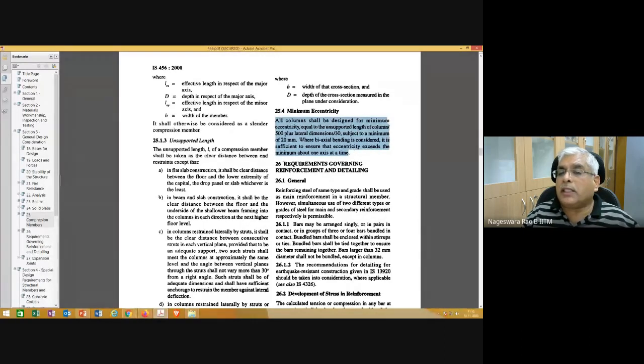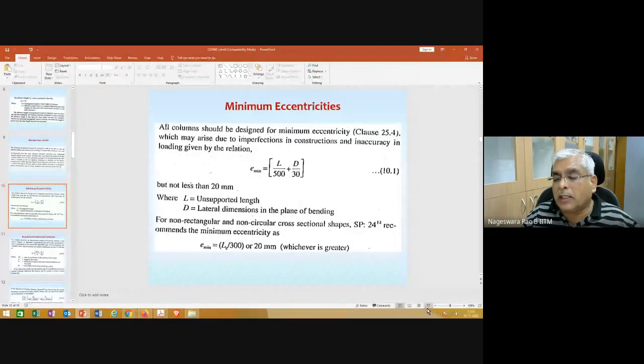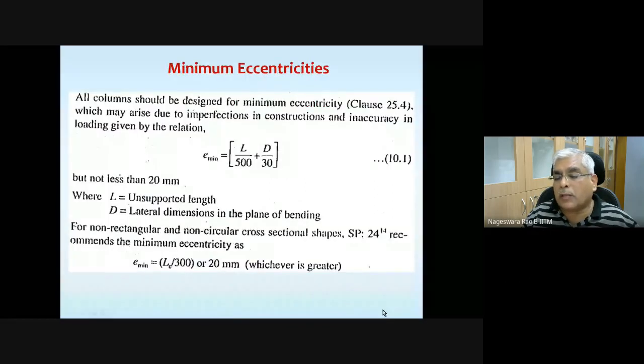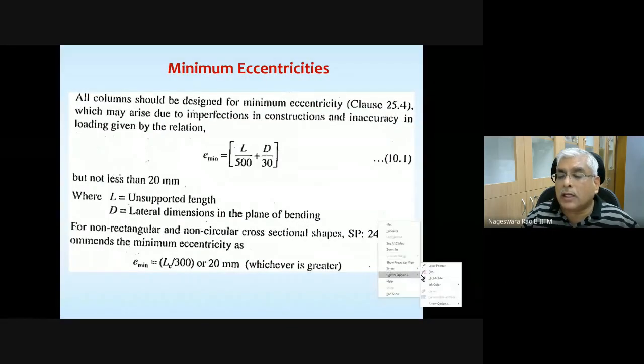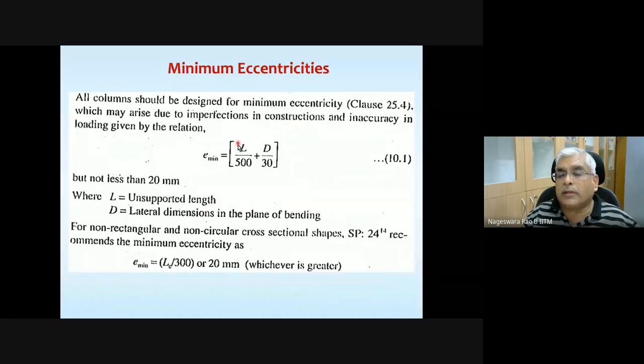Minimum eccentricity is given under 25.4. So all columns we need to design for this. Whatever description is given here, if you write it mathematically, this is how that clause translates.